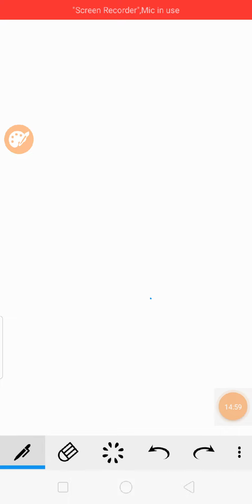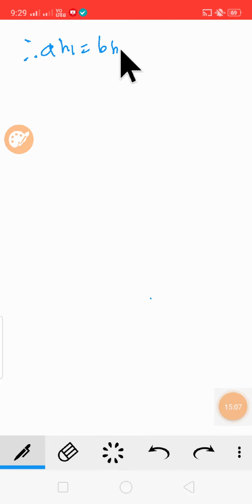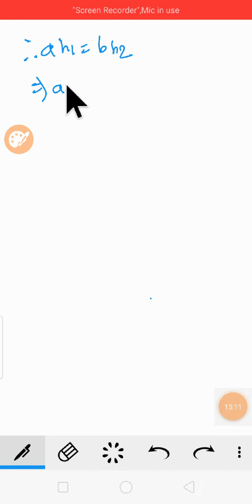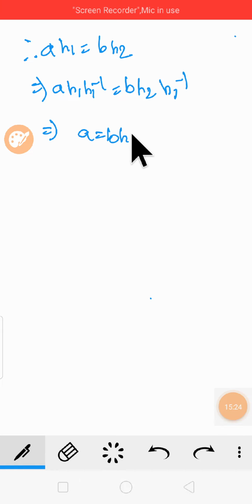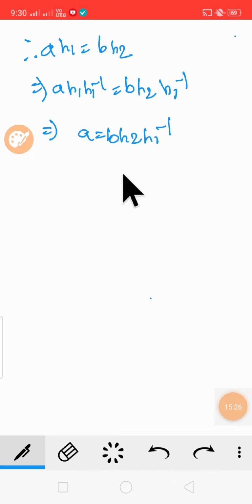Here both are equal to c, therefore a h1 equals b h2. Multiplying both sides by h2 inverse, a h1 h1 inverse equals b h2 h1 inverse, which implies a equals b h2 h1 inverse.